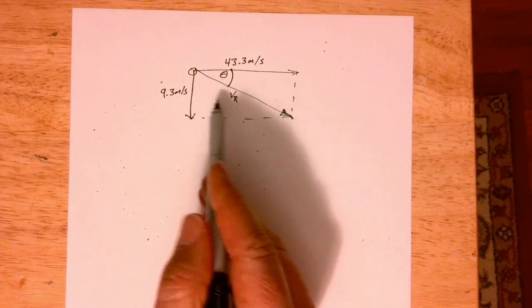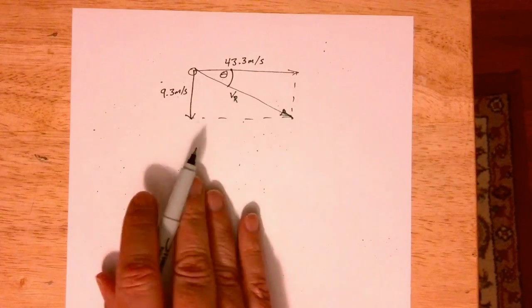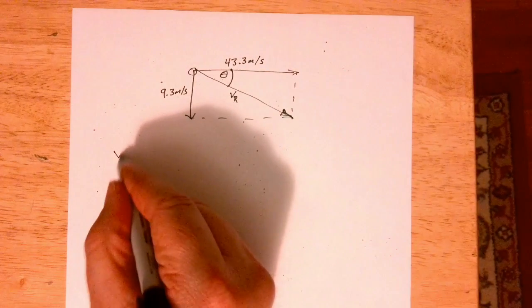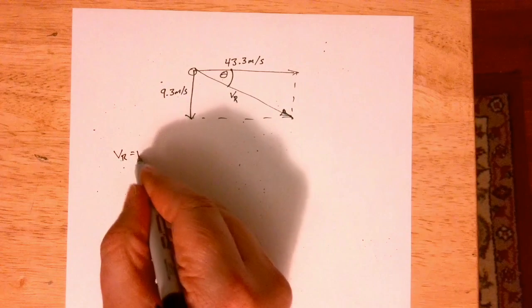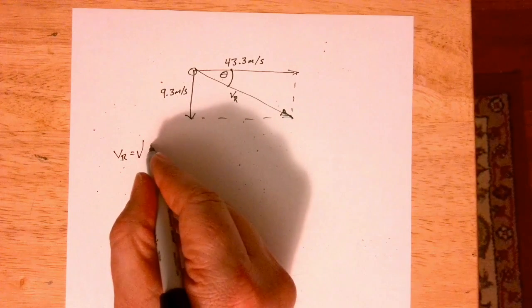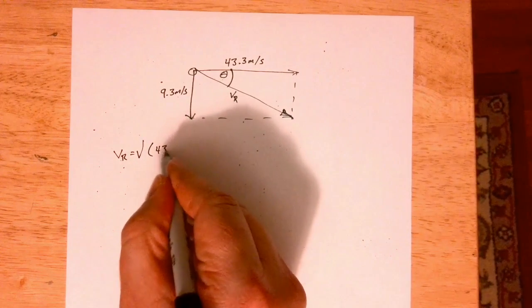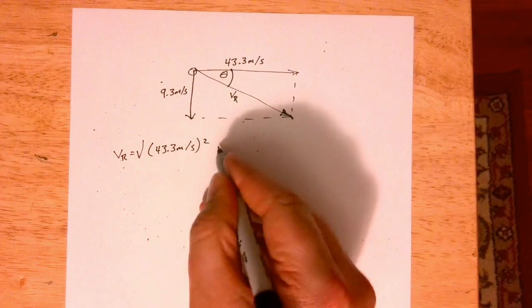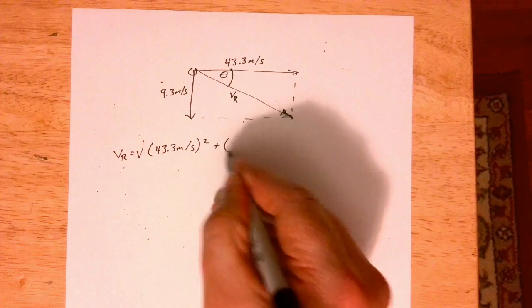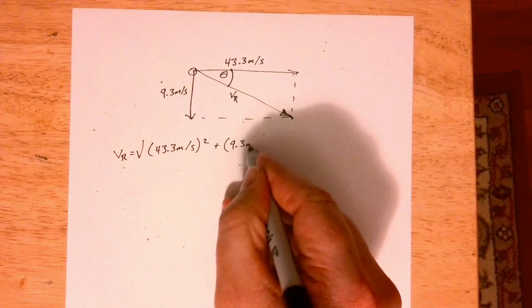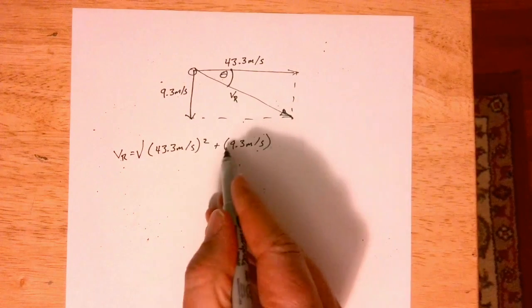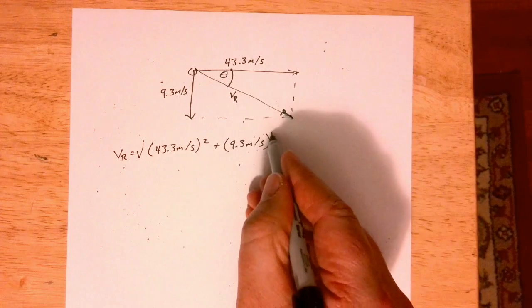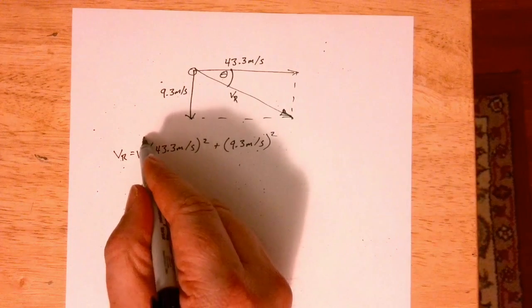So we're going to be using the Pythagorean theorem. VR is equal to the square root of 43.3 meters per second squared plus 9.3 meters per second squared. And again, if you use negative here, because you have to square it, it's not going to matter.